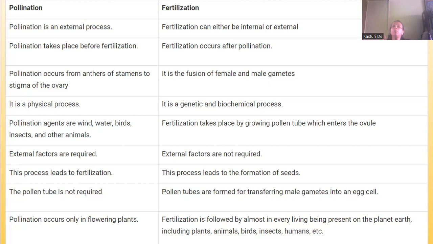In pollination, the pollen tube is not required, but in fertilization, the pollen tube has to be formed for transferring the male gamete to the egg cell. Okay? Then pollination occurs only in the flowering plants, whereas fertilization takes place in other living animals also. Like birds, insects, humans, fertilization also takes place.